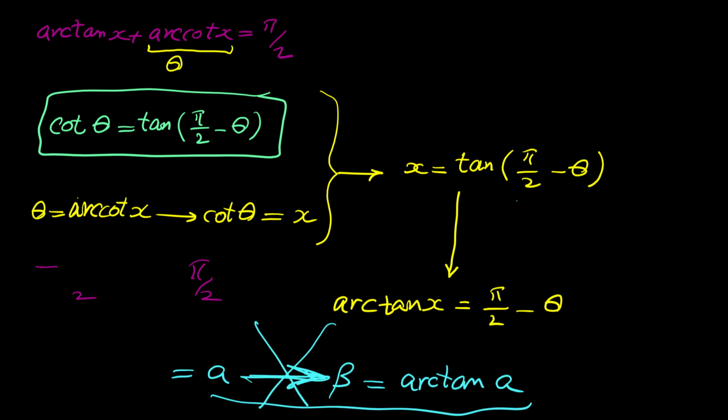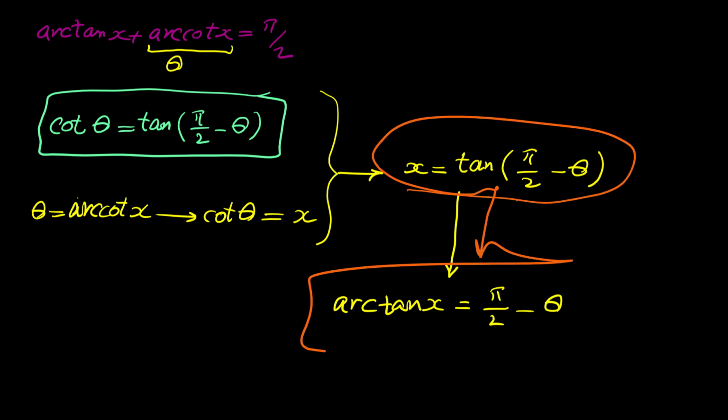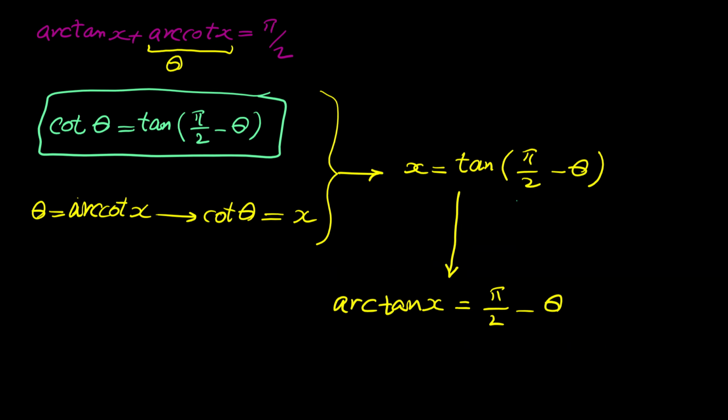So now I have to show that this angle, which is here, is between negative pi over 2 and pi over 2. If I can show this, then this completes my proof, and it means that from this relation I can write this. Otherwise, this is not right.